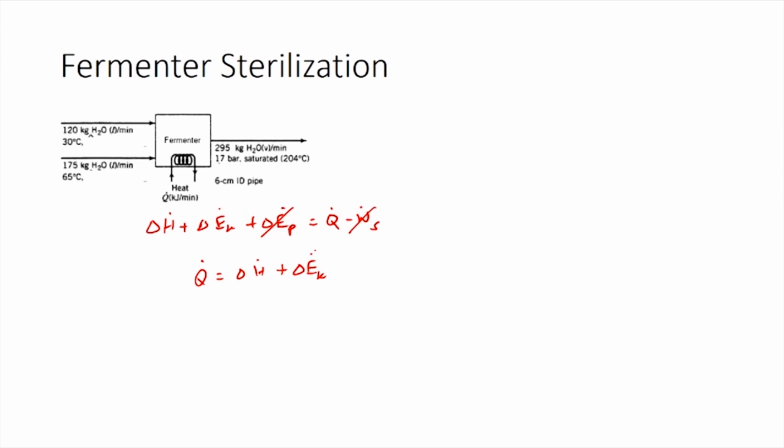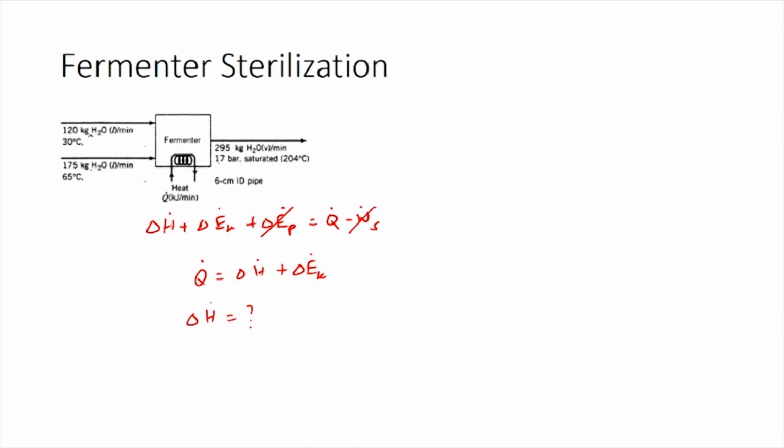Let us first calculate delta H dot. For calculating delta H dot, what do we need? We need information about the inlet enthalpies and the outlet enthalpies. This we can identify by using steam tables.